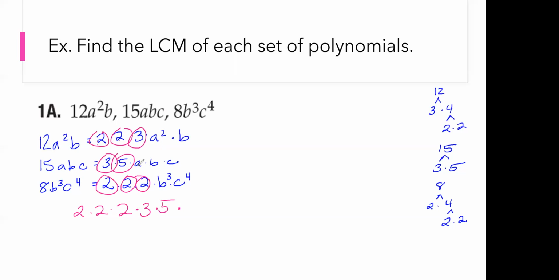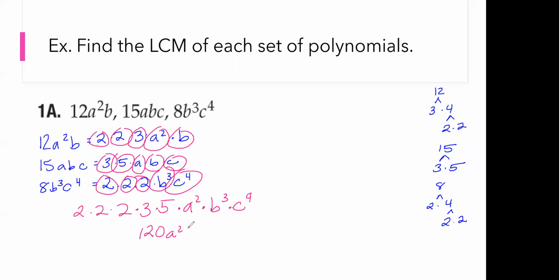And then we have a squared and a here, so a squared is our largest factor, okay? And then we have b and b cubed, so b cubed would be our largest factor. And then we have c and c to the fourth, so c to the fourth would be our largest factor. So we multiply 2 times 2 is 4, times 2 is 8, 8 times 3 is 24, and 24 times 5 is 120.